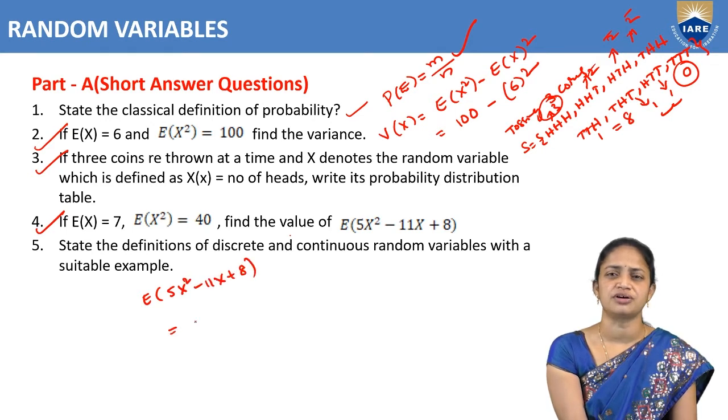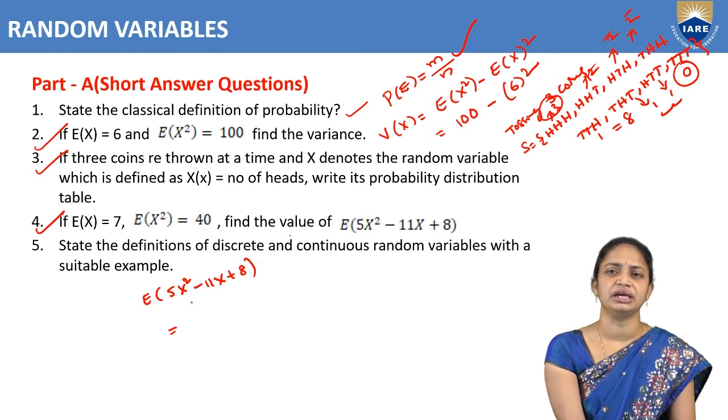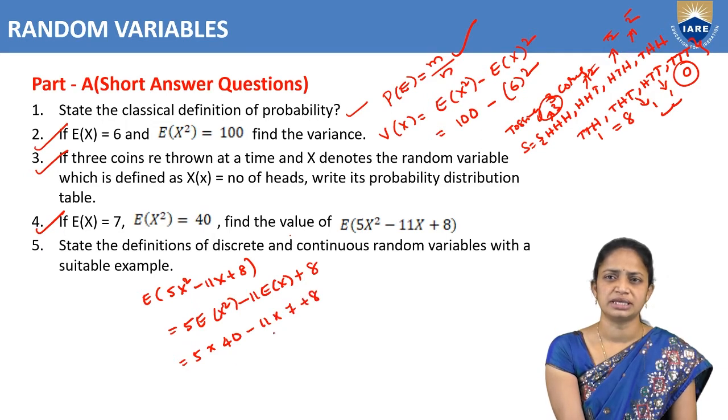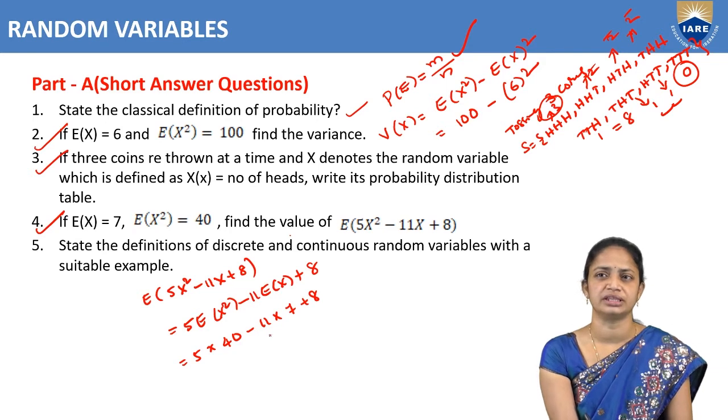According to the properties of expectation, we can write 5 into expectation of x square minus 11 into expectation of x plus expectation of 8, which is 8. So 5 into expectation of x square, which is 40, minus 11 into expectation of x, which is 7, plus 8. This is the required solution. After simplification, we will get the answer.